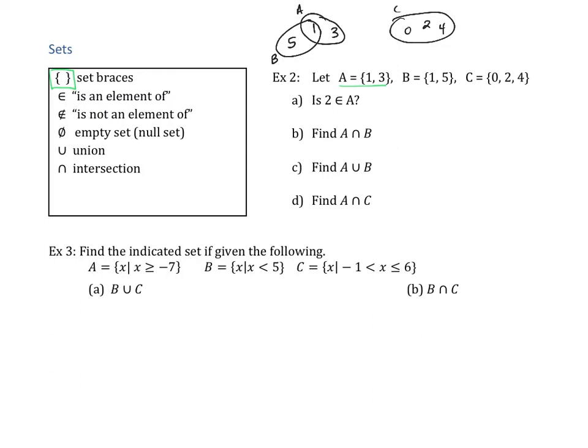So is 2 in A? This little backwards E crossed out means is not an element. This one asks, is it an element? Is it contained within that list of numbers that is A? And it's not, so no. Now this is kind of like a weird looking N. That is the intersection.